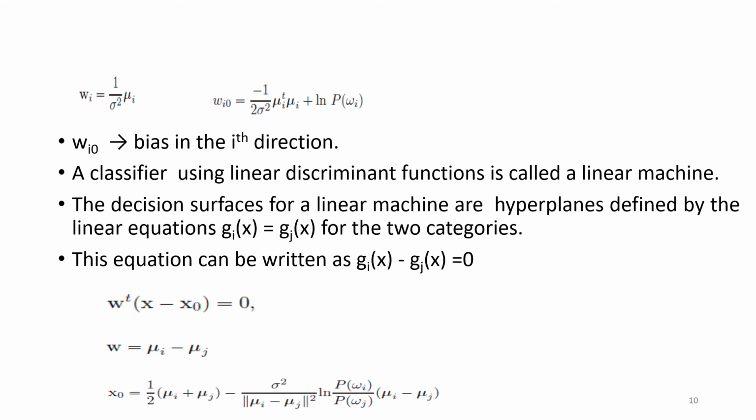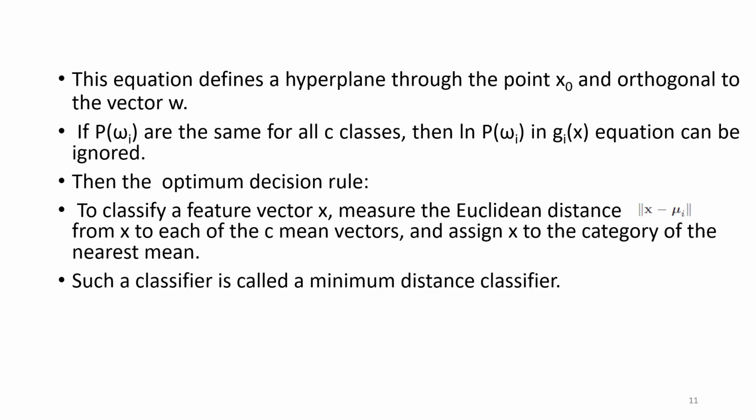This equation can be written as g_i(x) minus g_j(x) equal to 0. Replace for g_i(x) and g_j(x). Finally, we get w transpose (x minus x0) equal to 0. This equation defines a hyperplane through the point x0 and orthogonal to the vector w.